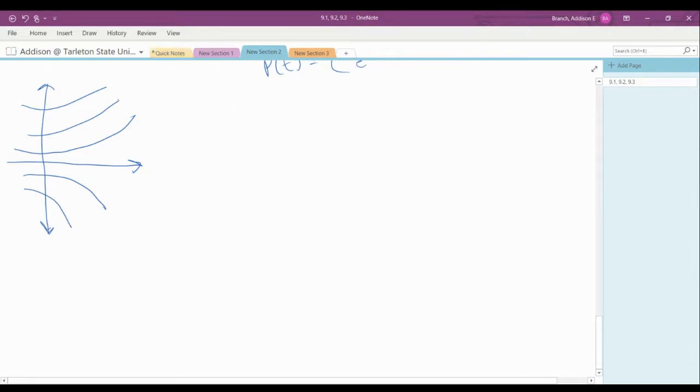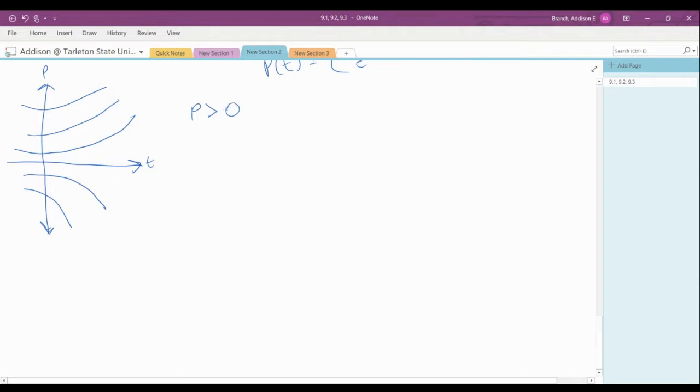But we also have to think about the fact that we're talking about population. Population can never be a negative number, and even if it's at 0, you can't grow from having nothing. So if we're talking about population growth, we have to assume that population, this is P and this is T right here, has to be greater than 0.